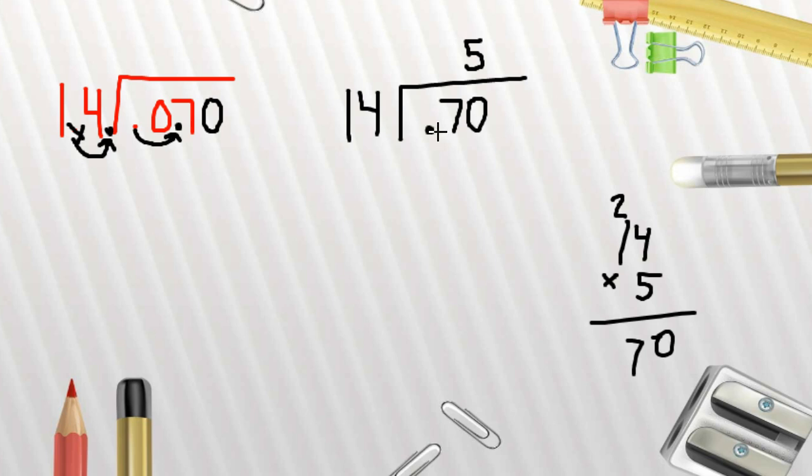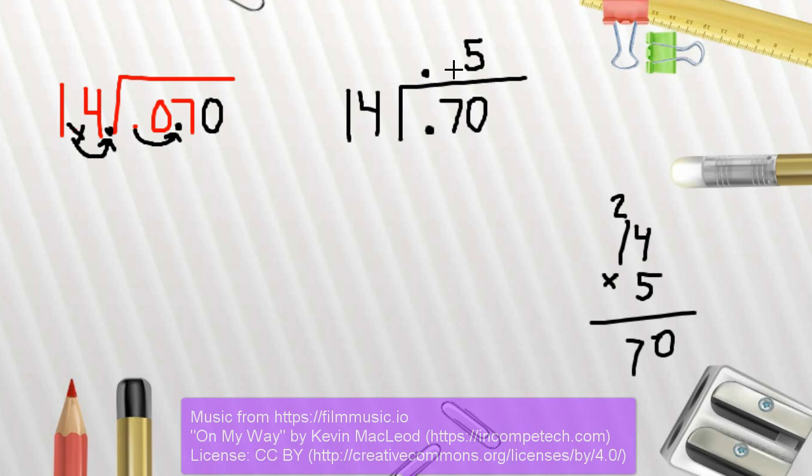It's not a ones column in this case because this is 0.70, but I need to line this up on the far right side. So now I have a decimal point, and again I have a space here. I have to take this space and put a 0. So 14 into 0.70 is 0.05.